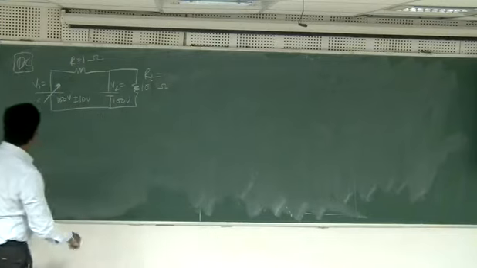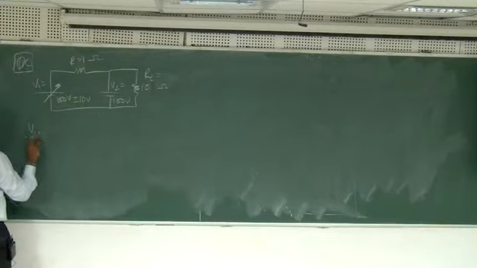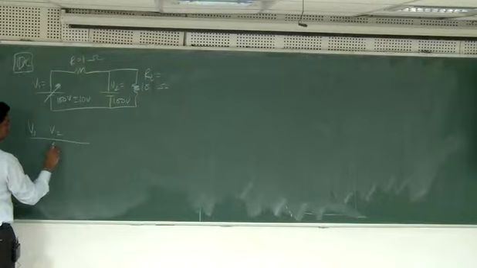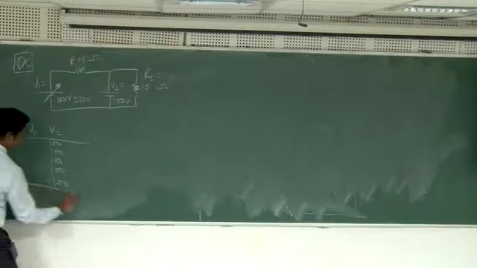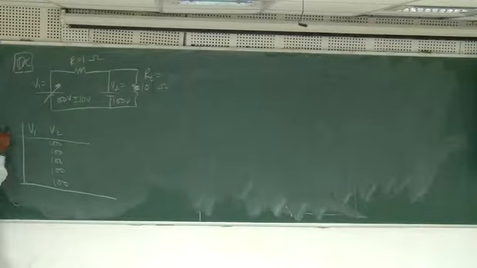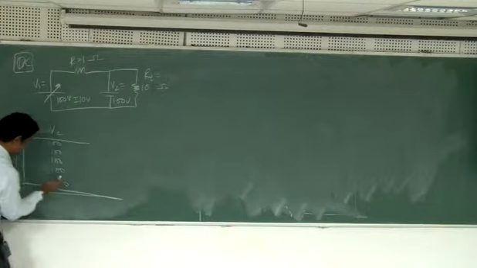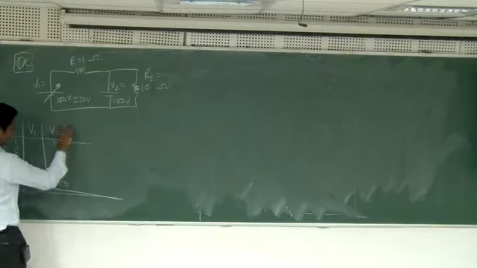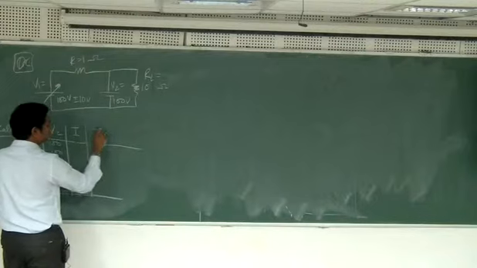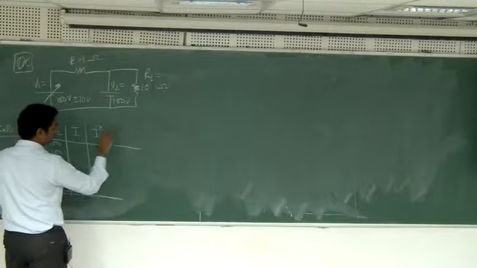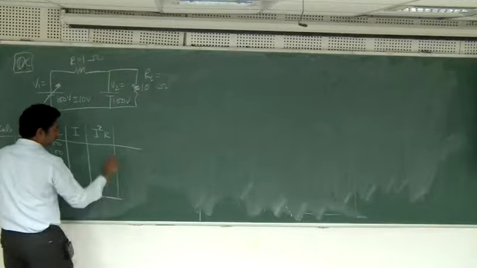So what I am trying to do is, I'll take V1 and V2 I'll fix at 100. Let's do 5 experiments or calculations: 1, 2, 3, 4, 5. Now in each case I want to find out I. In each case I want to find out I square R, that is losses.